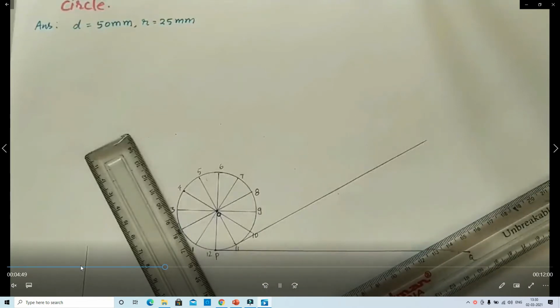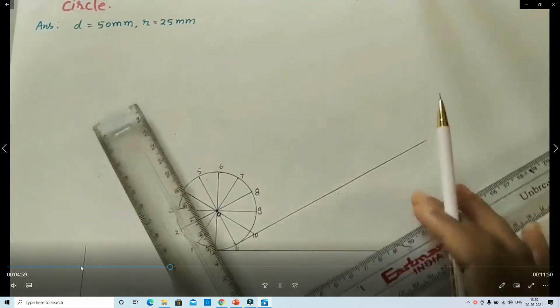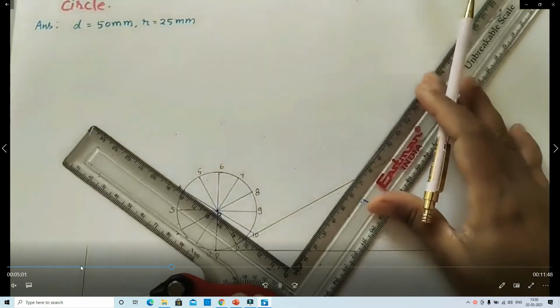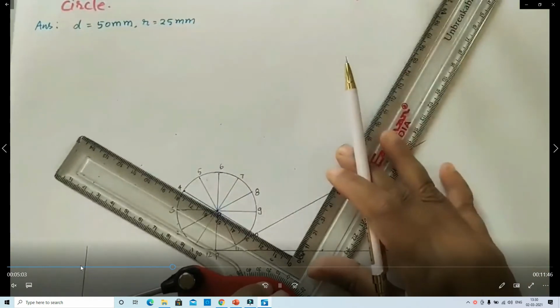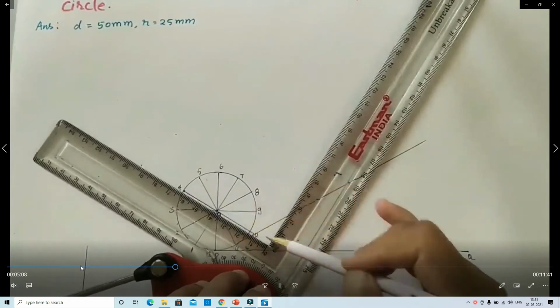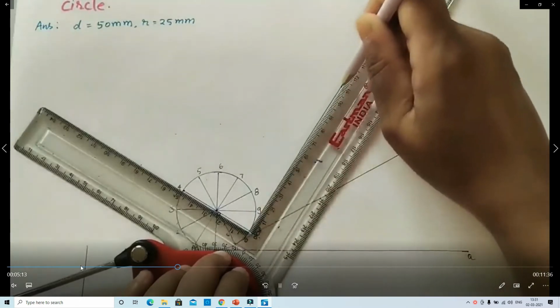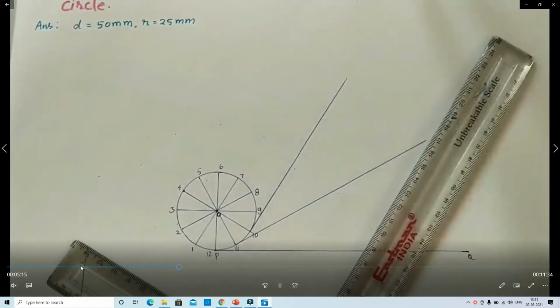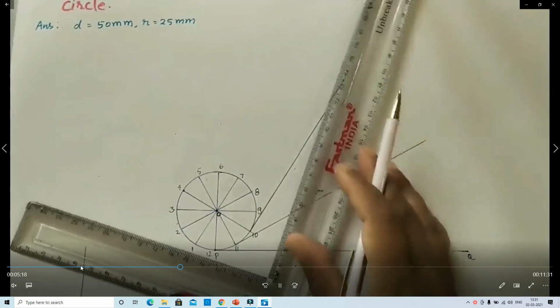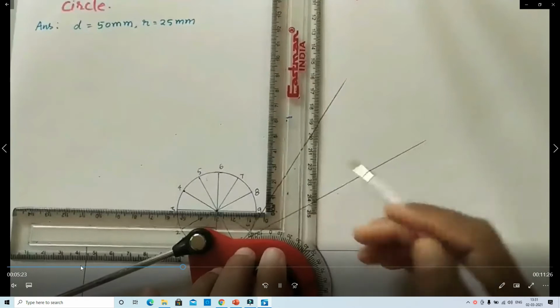Already 12 we drew as the circumference of the circle, that is the horizontal distance. In this way, you observe how to draw the tangents.